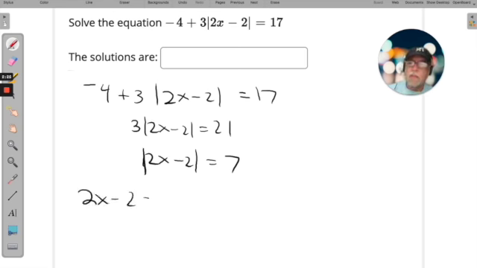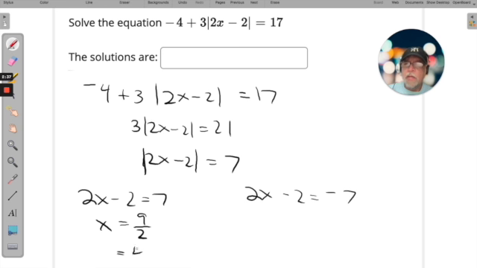2x minus 2 is equal to 7. 2x minus 2 is equal to negative 7. You can get 9 halves. x is equal to 9 over 2 here, which would be the same as 4.5. Okay, yeah, 2x, you get 9, divide by 2.